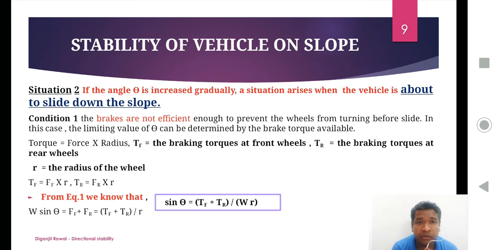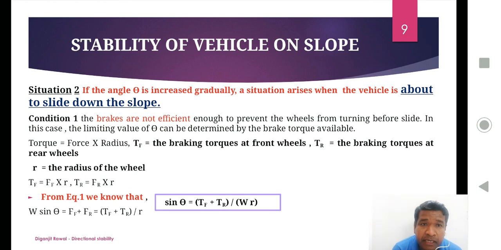So we calculate Tf as Ff into r and Tr as Fr into r. From equation 1, we know that W sine theta is equal to Ff plus Fr, which is equal to Tf plus Tr whole divided by small r.